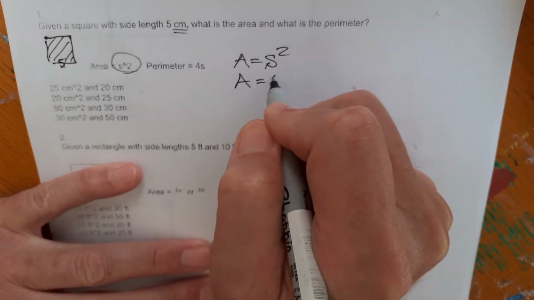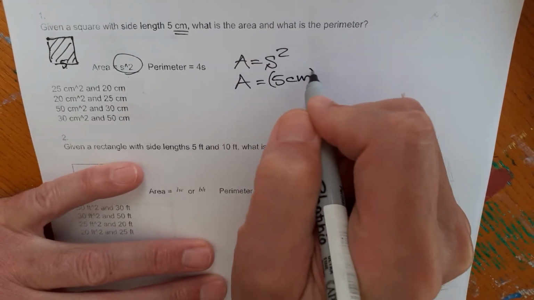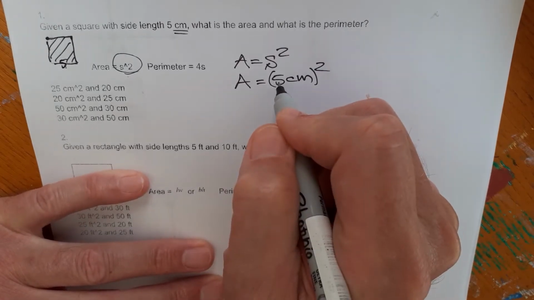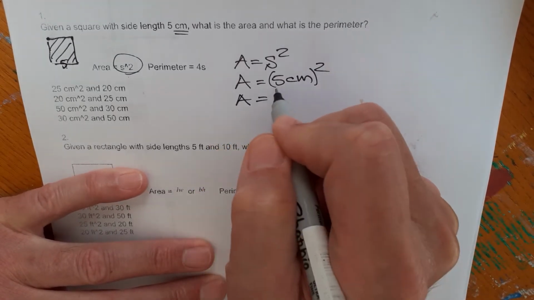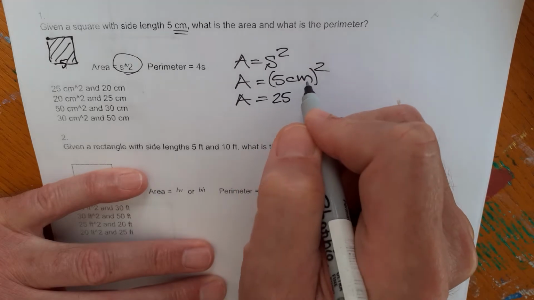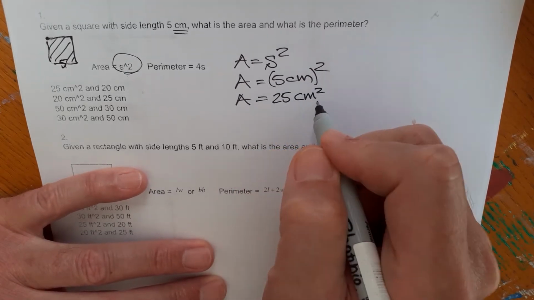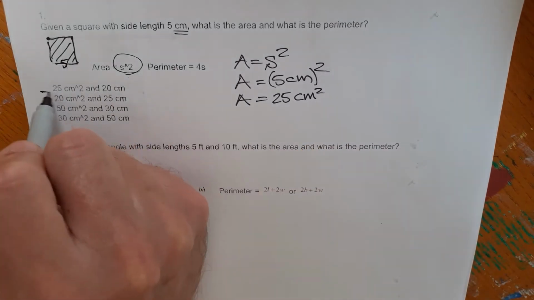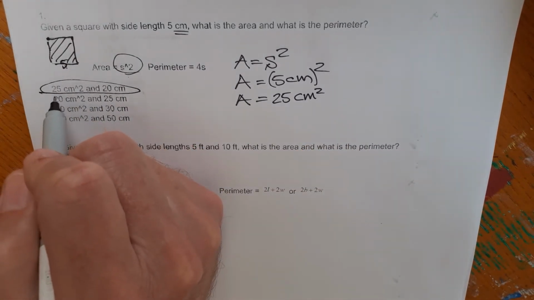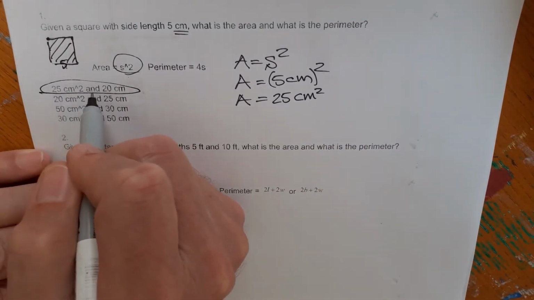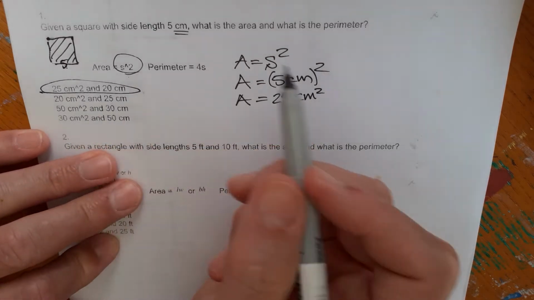So area equals 5 centimeters squared. We square both the number and the unit. 5 times 5 is 25, and centimeter times centimeter is centimeter squared, which is good because we're dealing with an area. So the answer is 25 centimeters squared. Let's check perimeter.